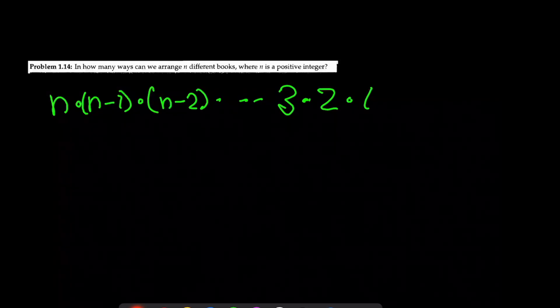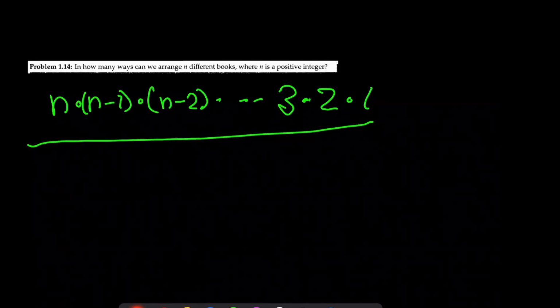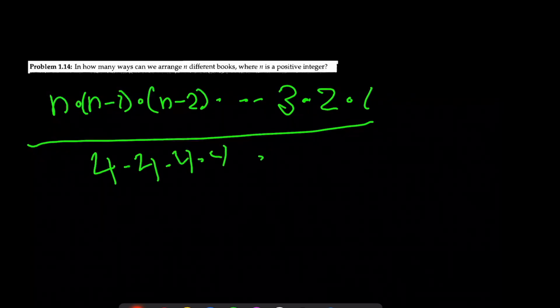Now, this answer is really long. Trying to write this all out is a lot of work. Remember with multiplication, if you write 4 times 4 times 4 times 4, you just shorten that to exponentiation. But is there a way to do that for this?